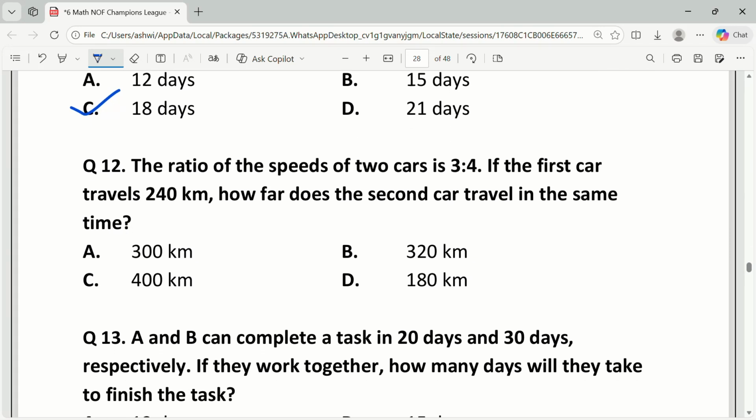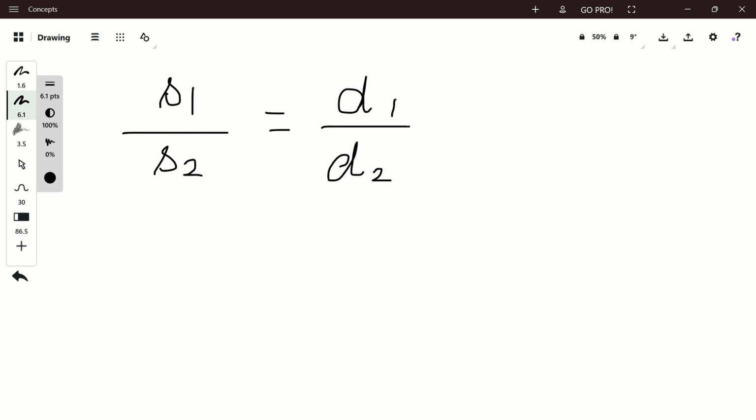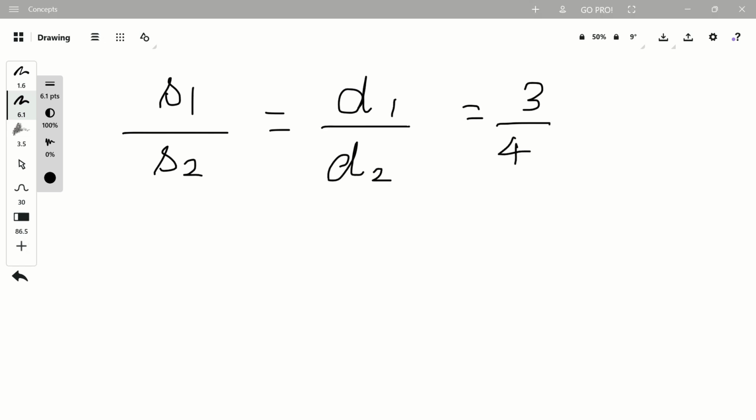Question 12. The ratio of the speed of two cars is 3:4. The first car travels 240 kilometers. How far does the second car travel in the same time? Since the time is the same for both cars, the ratio of their distance traveled will be the same as the ratio of their speed. That is, speed 1 upon speed 2 is equal to distance 1 upon distance 2, which is equal to 3/4.